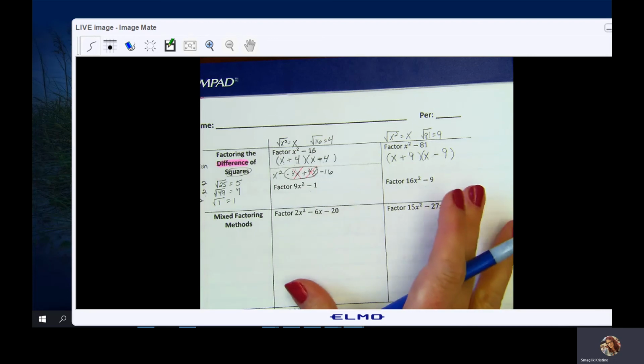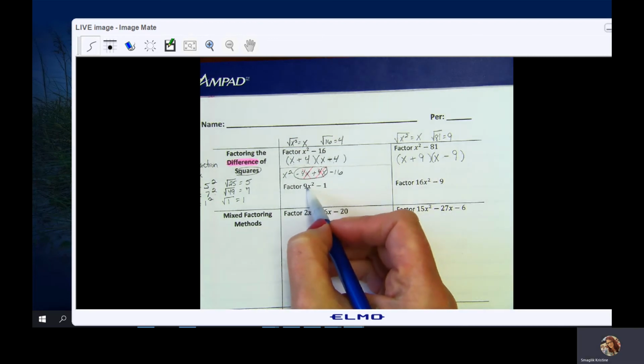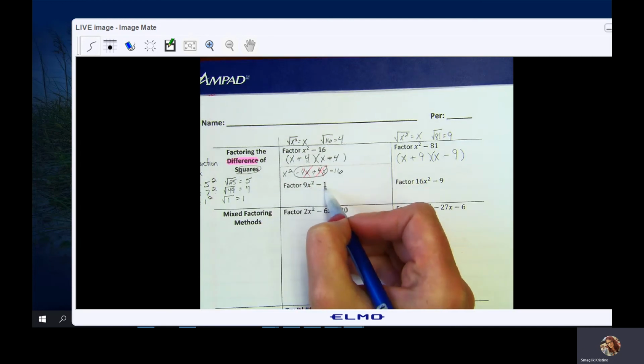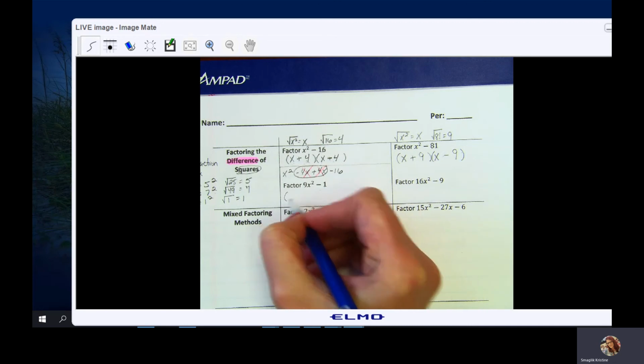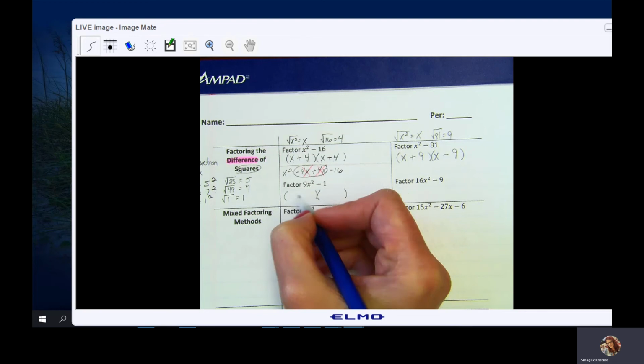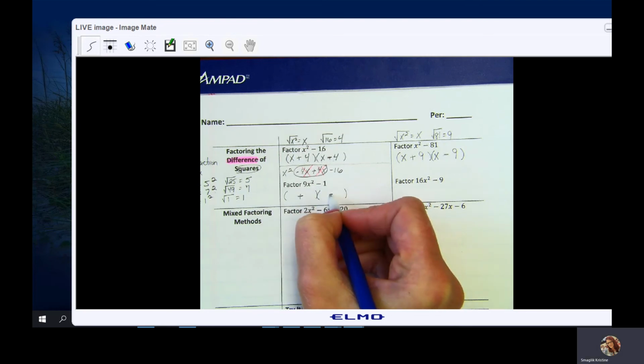Now this one, we have a leading coefficient of 9. It's not 1. Same process. 9 is a perfect square, and 1 is a perfect square. So let's put in our parentheses. C value is negative, plus minus.